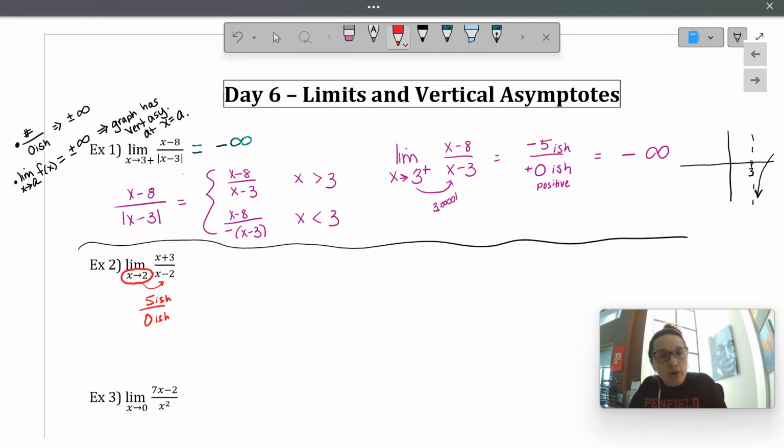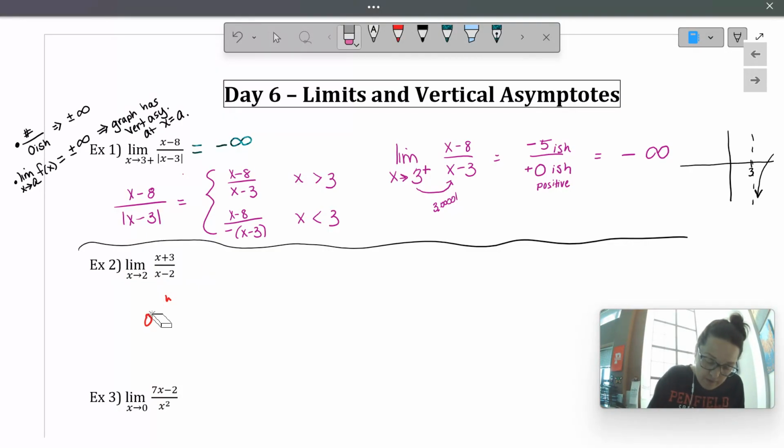It didn't tell me about from the left or from the right. And that, I think, is going to make a difference here. So I'm going to say, wait. 5-ish divided by 0-ish is some kind of infinity, but I don't know which kind until I look at both sides of 2. So I'm going to say, you know what? I actually can't answer this right now until I split this into 2 limits.